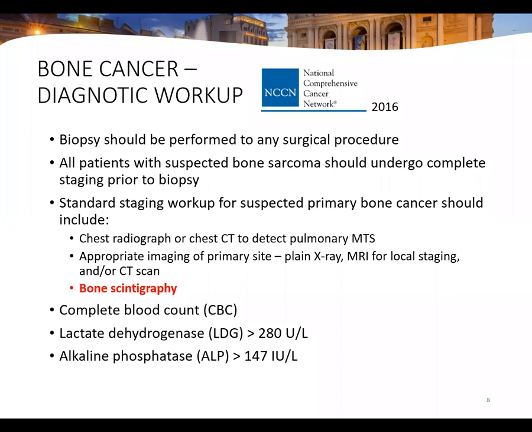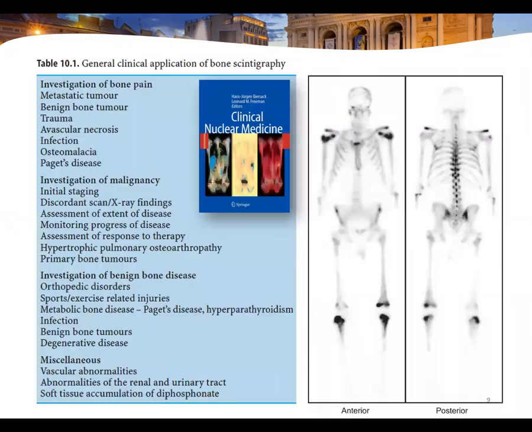In case of alkaline phosphatase level more than 147 international units per liter, we also may suspect the presence of a malignant tumor.